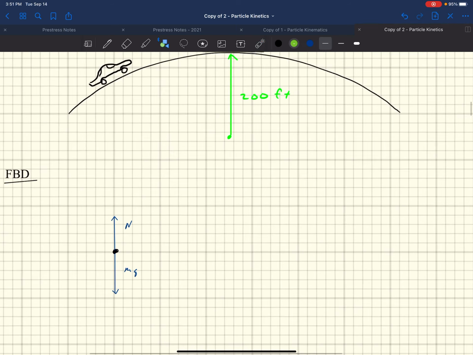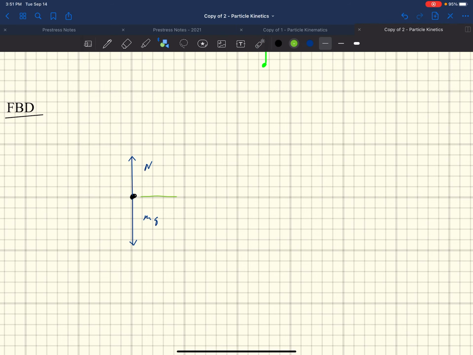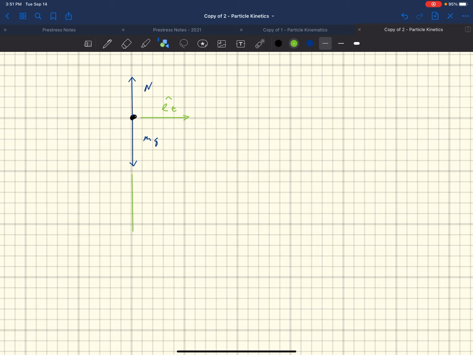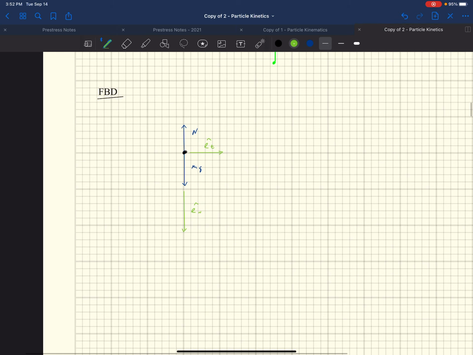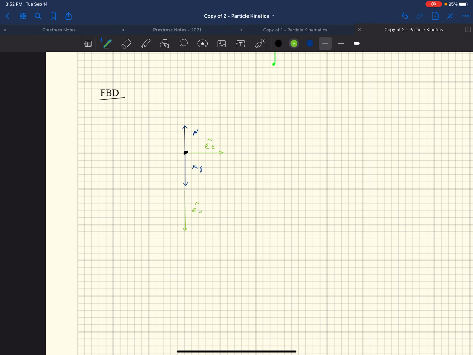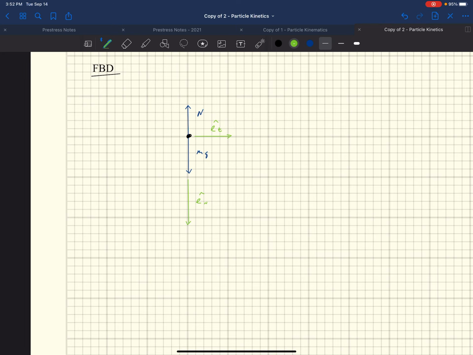So the coordinates are going to look like this: that right there is my e_t hat, and this guy right here is my e_n hat. Tangent to the path and normal to the path. So that is my free body diagram of all the forces, with my coordinate system labeled. There are no real angles to define at this point. That's my free body diagram.